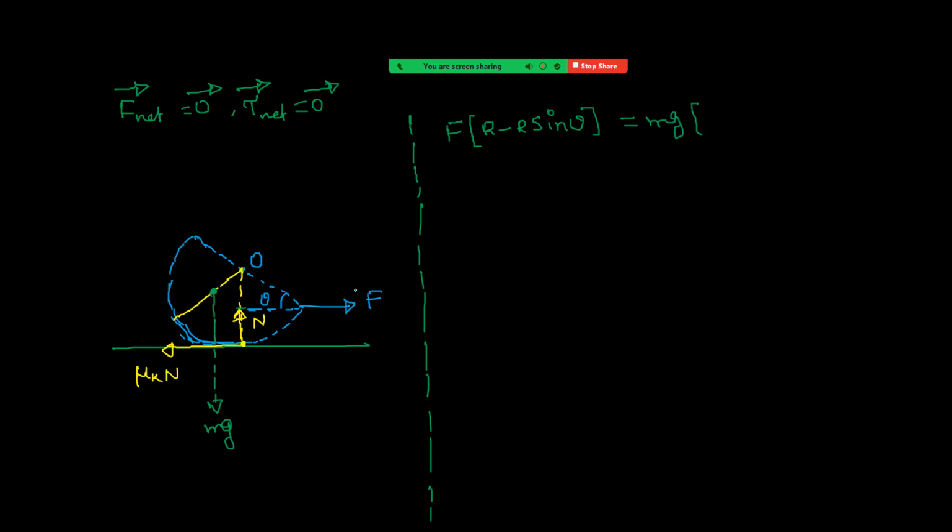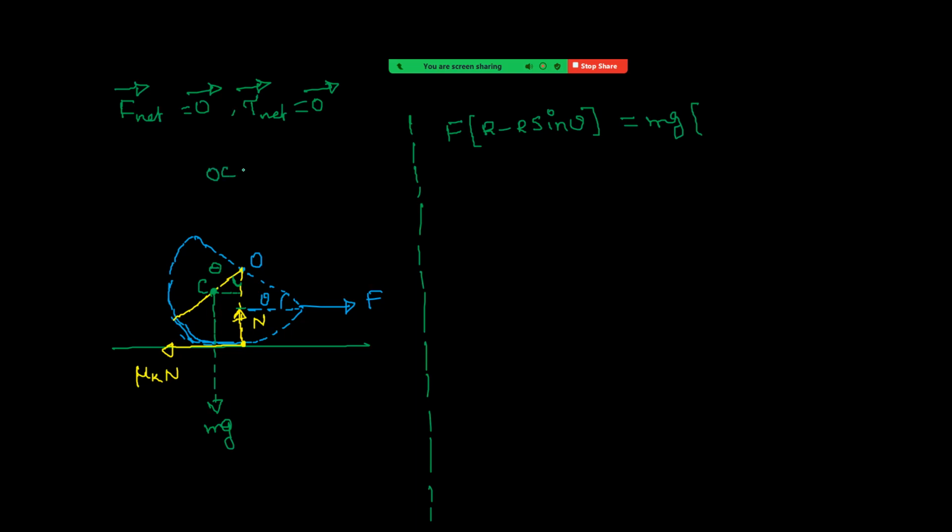mg into, now focus carefully here, the separation between these two lines. So we can see now this length, how much? This angle is also the same. This is also theta. Suppose this is C. We know that OC value is 3R by 8.